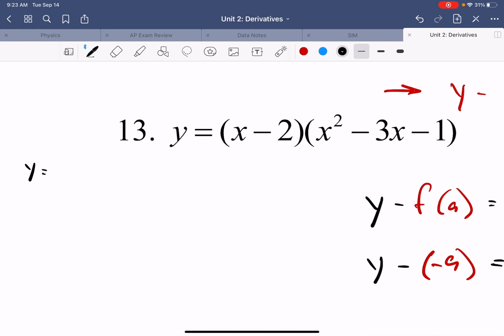First parentheses is x minus 2, so the derivative of that is 1. And I multiply it with the second parentheses unchanged, so that's x squared minus 3x minus 1. And then I add that, and then I just copy and paste the first parentheses, so that's x minus 2. And then I multiply that with the derivative of the second parentheses, which would be 2x minus 3.